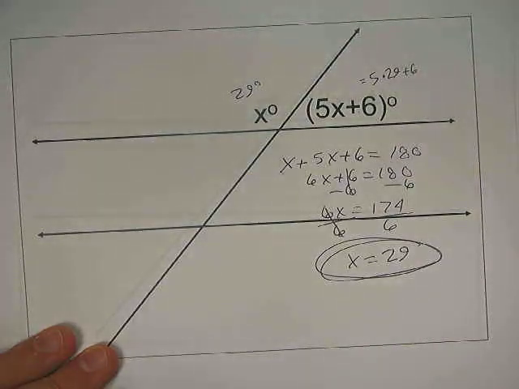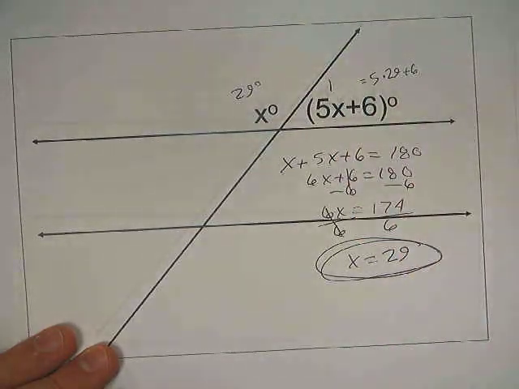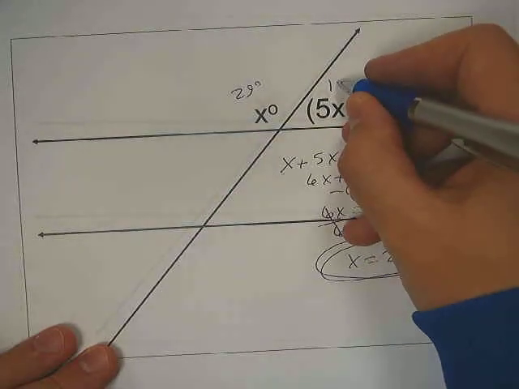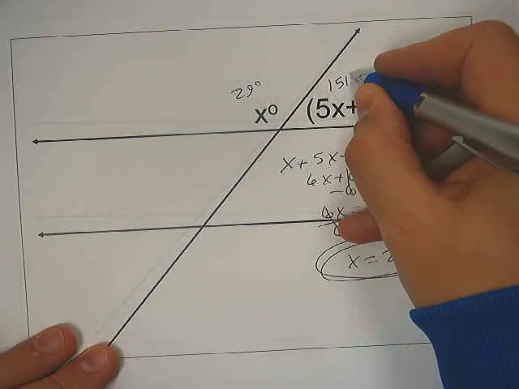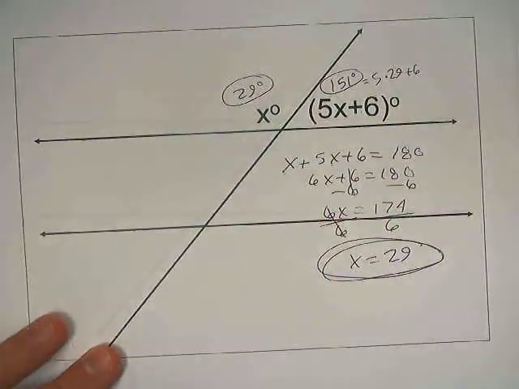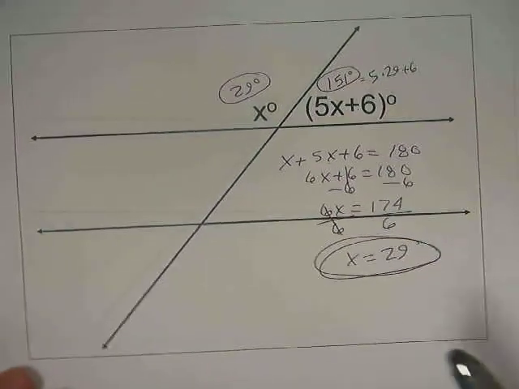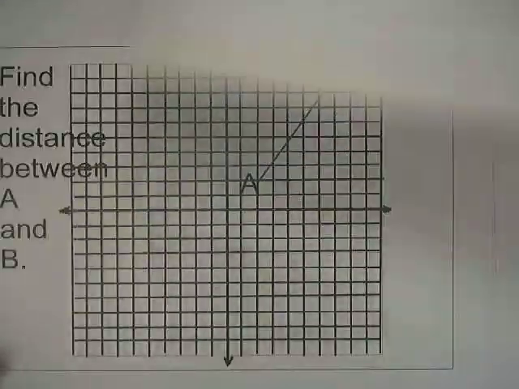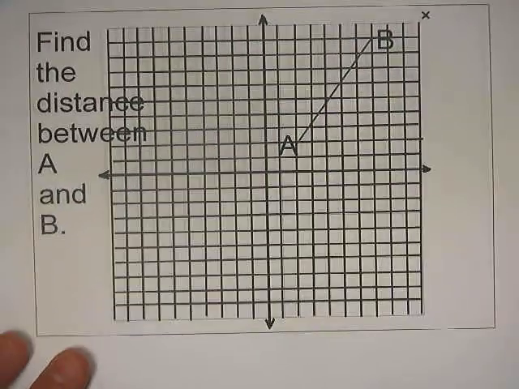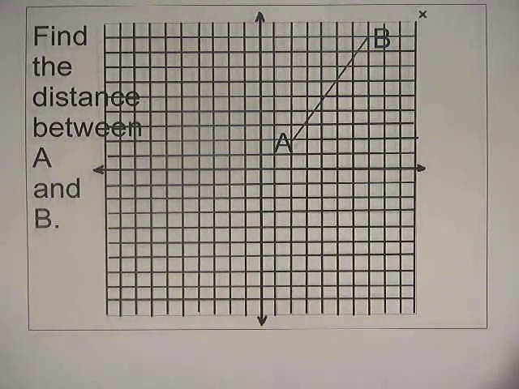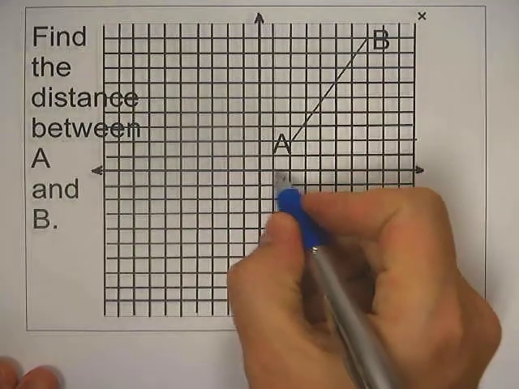And then if you plug this back in, x is 29 degrees. 5 times 29 plus 6, that's going to equal 151 degrees. And these two do add up to 180 degrees.